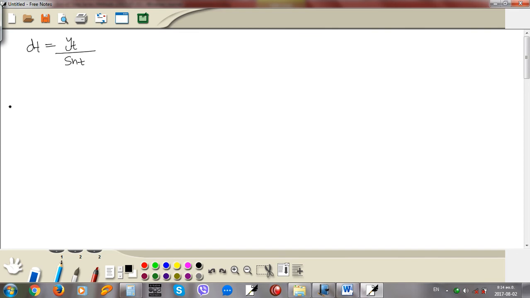So we can find d1 by using y1 over sn1, and d2 you can find y2 over sn2, and d3 you can find y3 over sn3. Then we can find the values for these by using the table.